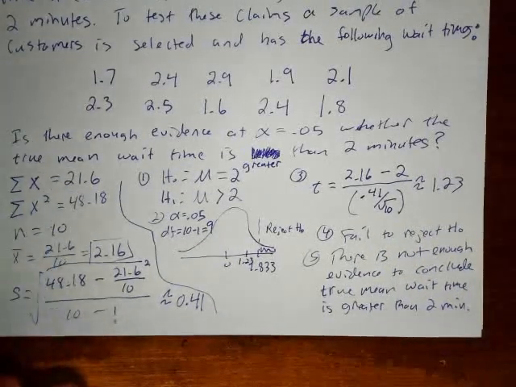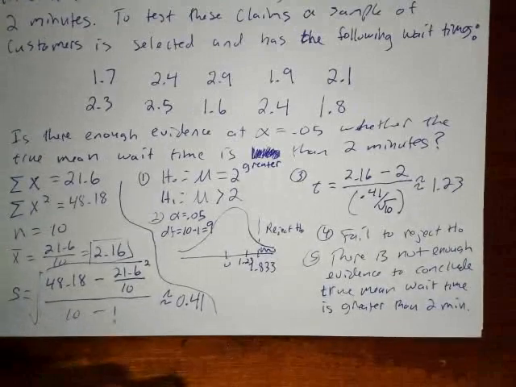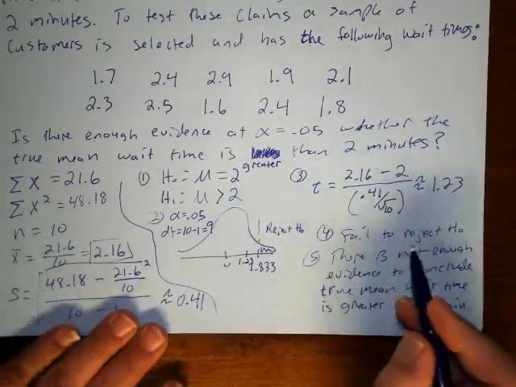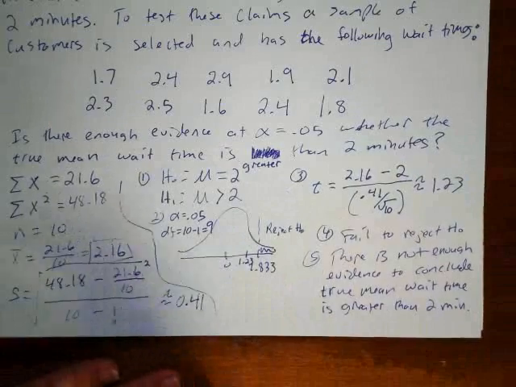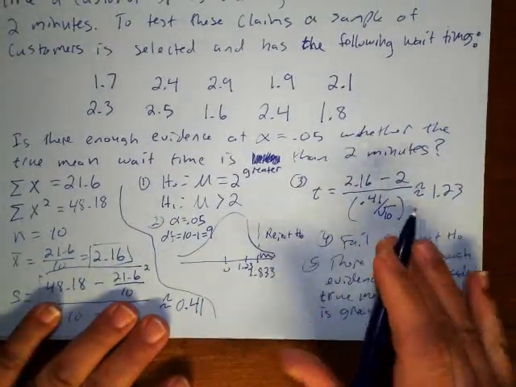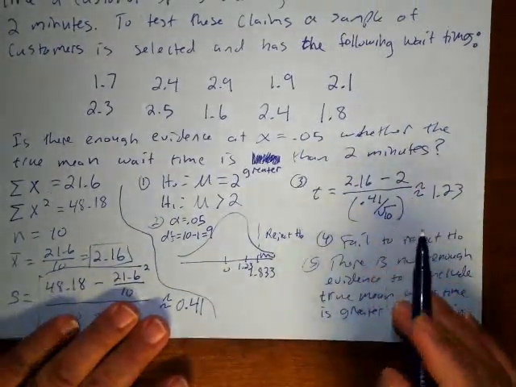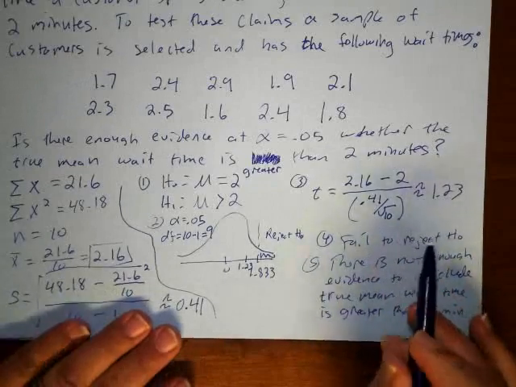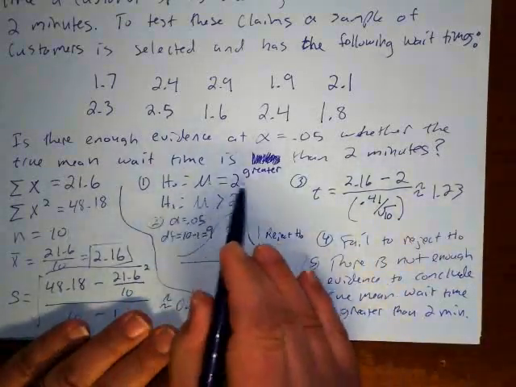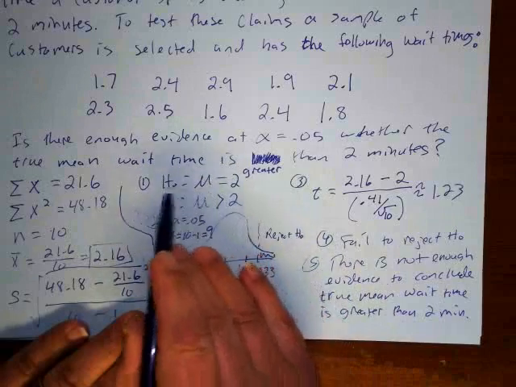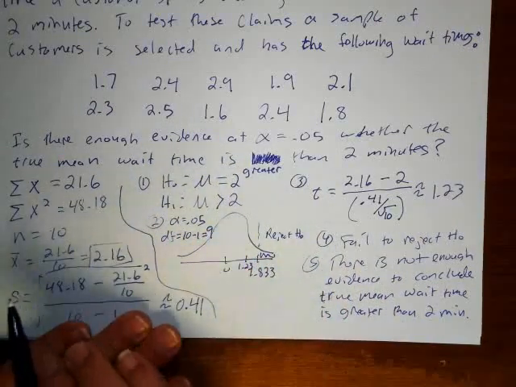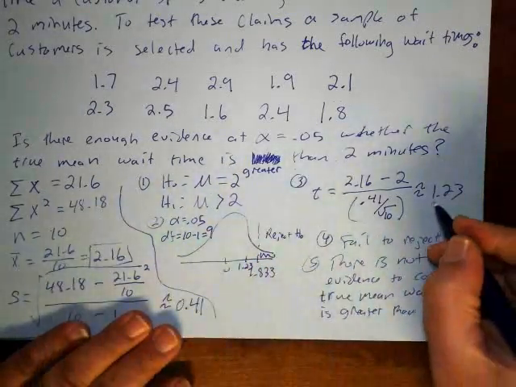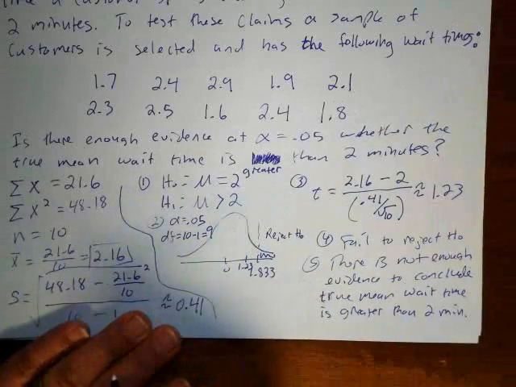Okay, so if you think about the type 1, type 2 errors, I'm failing to reject H0, which means I run the risk of committing the type 2 error, right, which would be accepting H0 when it's false, so it's not concluding that it's greater when it really is. That would be the type 2 error. You know, but my test statistic is really pretty small.